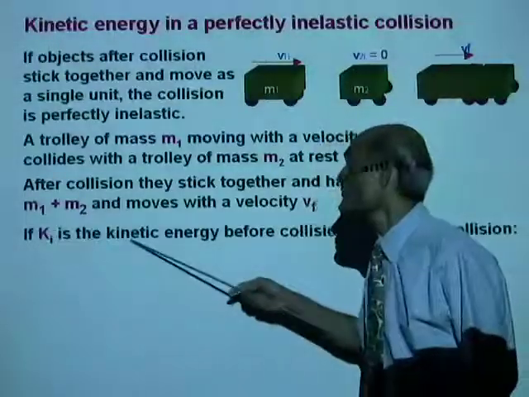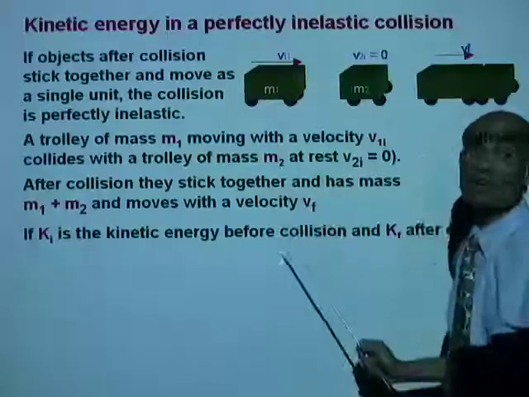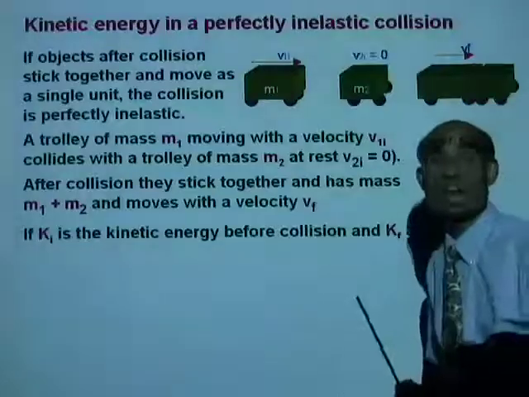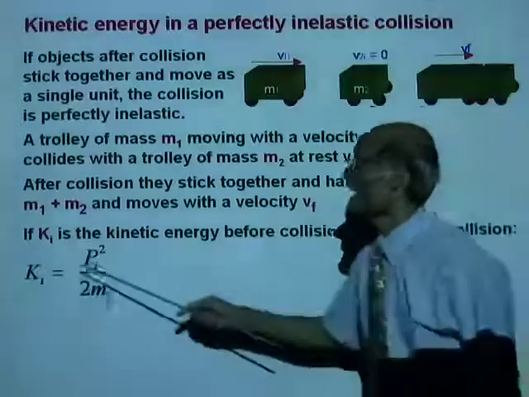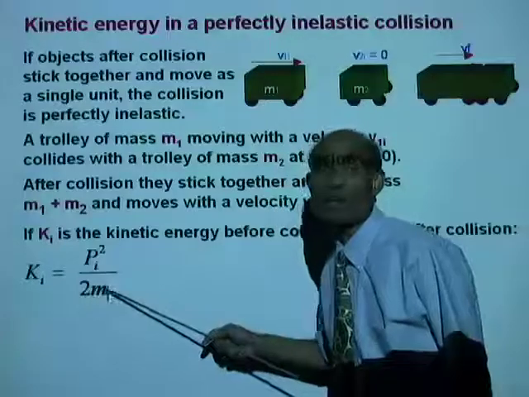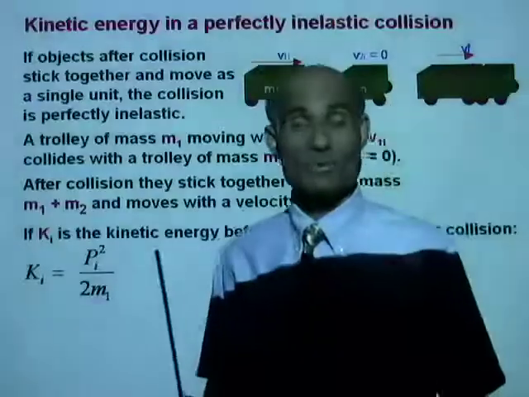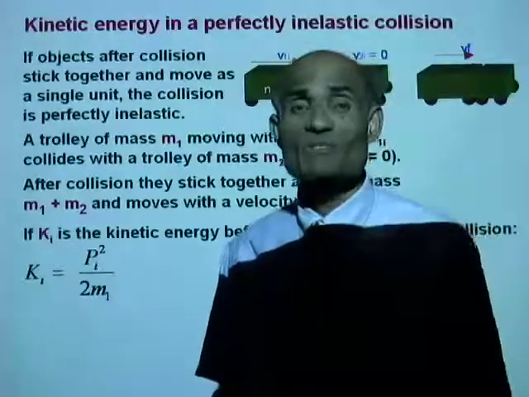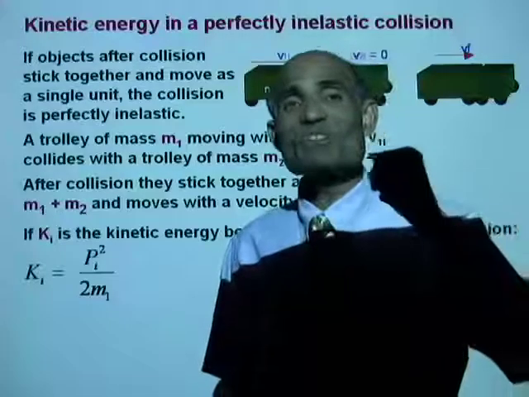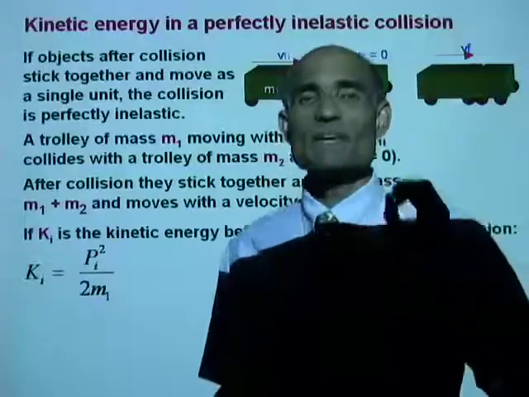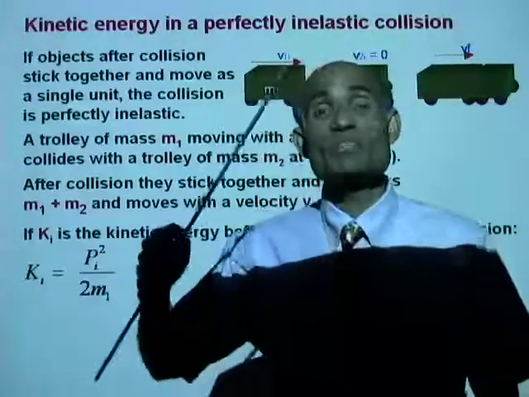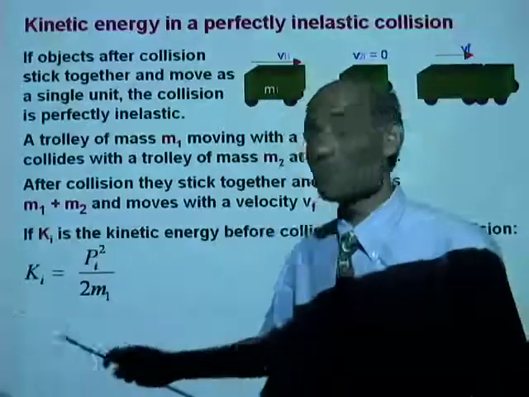If Ki is the kinetic energy before they collide and Kf the total kinetic energy after they collide, then I can write Ki equals Pi squared over 2m1. Do you remember in the last class we showed that kinetic energy can be written using momentum? Kinetic energy 1/2 mv squared is the same as P squared over 2m.